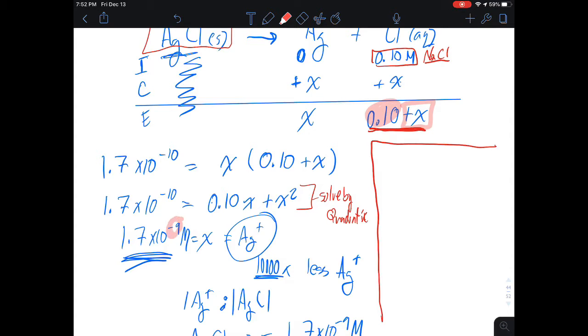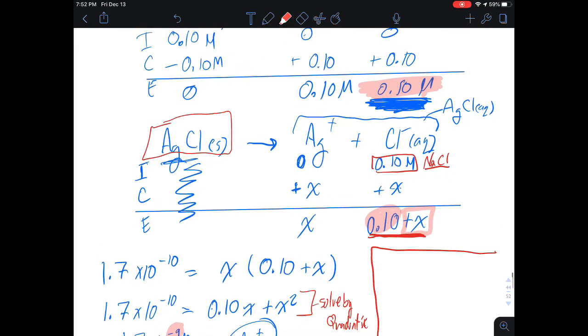So if you use the calculator, look, it's 10 to the negative 9. It's almost nothing. If I wrote this number out and I added the x in, I would have 0.1000000017. I mean, that's just 0.1.